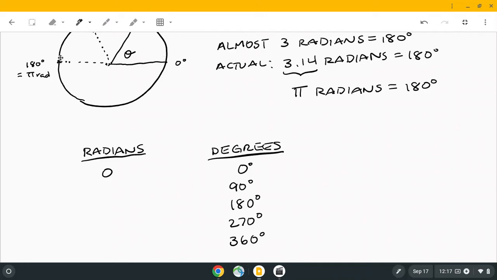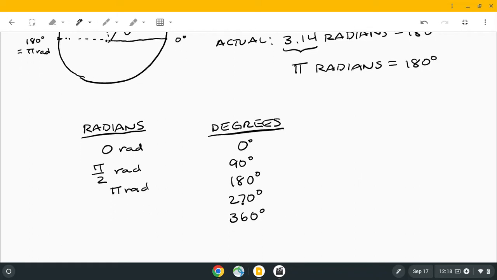If from here to here is 1 pi, then halfway is pi over 2, because we have half of pi radians. And we know 180 is pi radians. Hopefully yours are lining up better than mine.